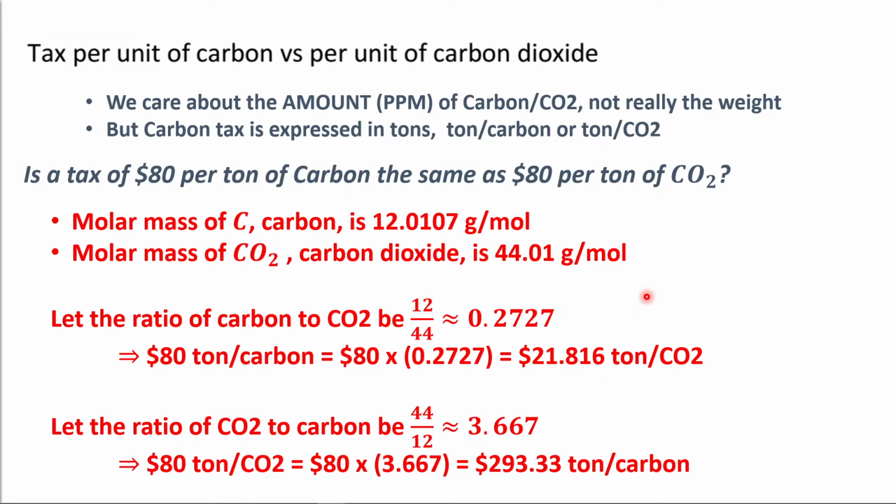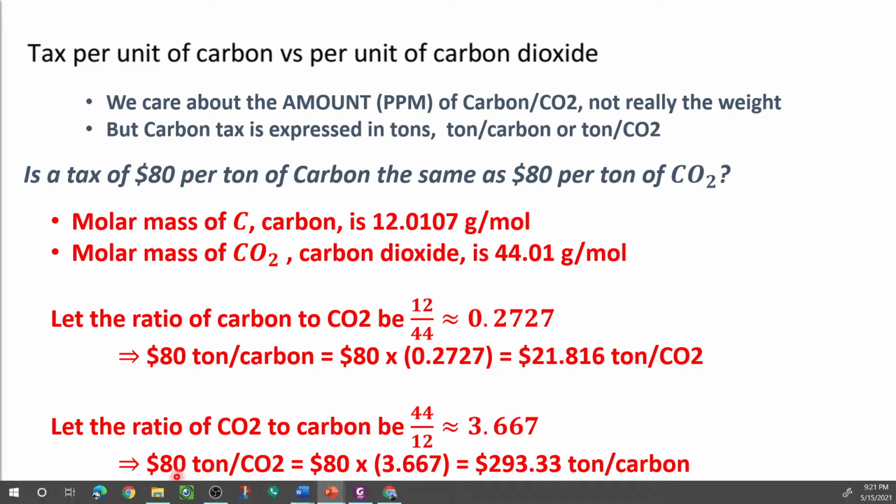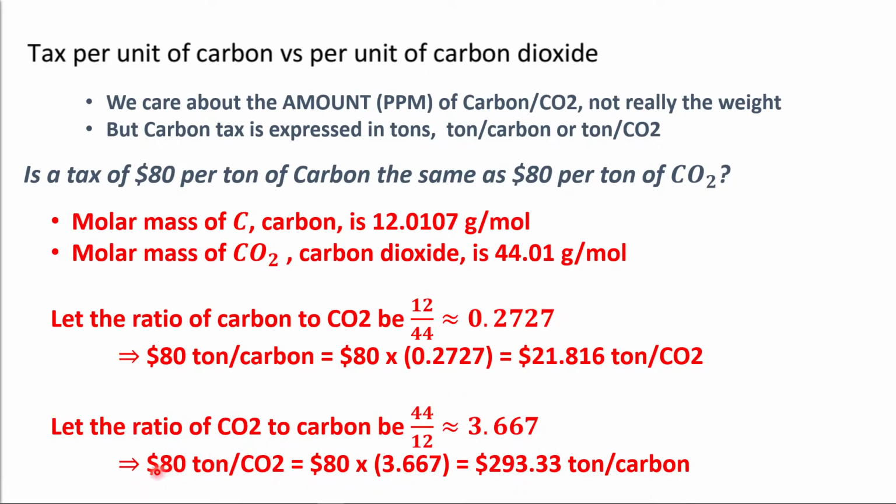Now, we can also go the other way. So you flip the molar mass around, we get a ratio of 3.667. So suppose that you want to convert 80 tons of CO2 to what that means in terms of tons of carbon, and it would be equivalent of $293 per ton of carbon.